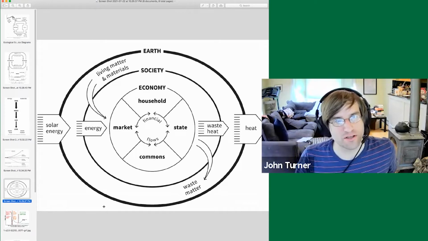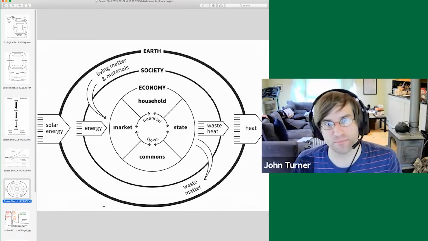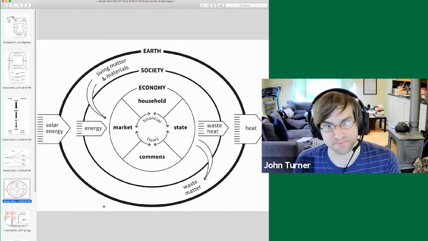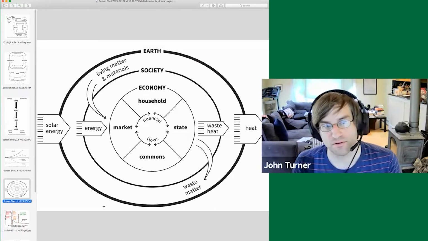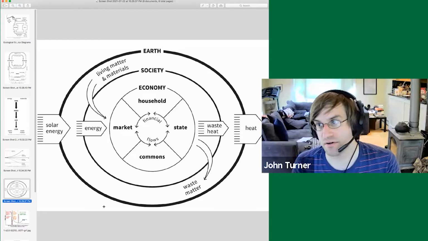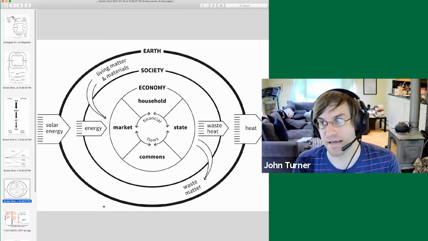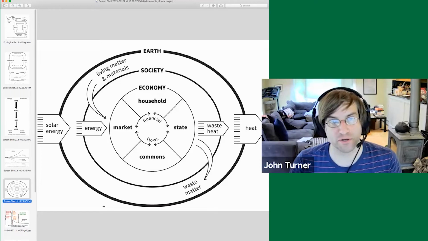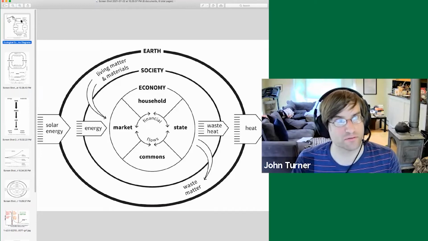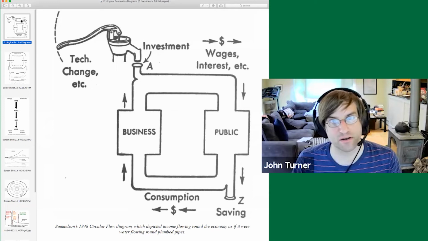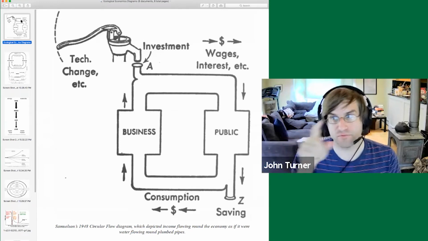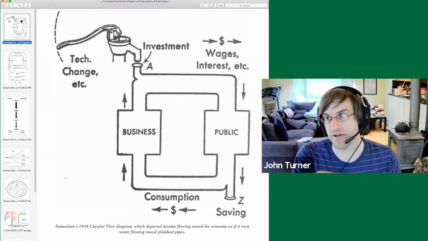So here's a very different diagram of what our economy looks like. Some people would refer to this as a model of an embedded economy. That is, where is the economy located? If you go back to the earlier diagram, we've already established that everything there could be given a monetary valuation.